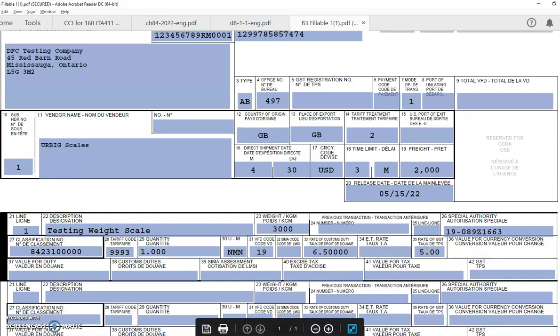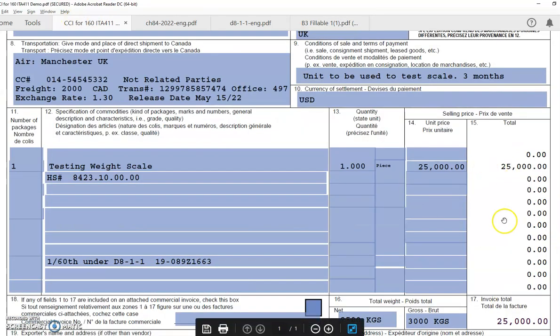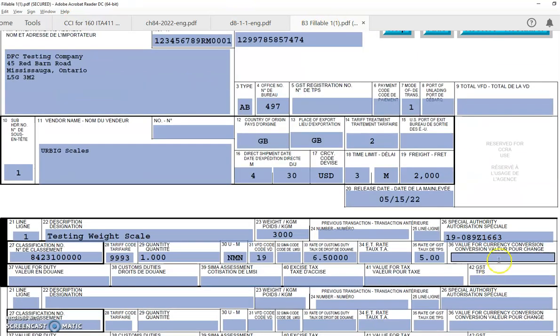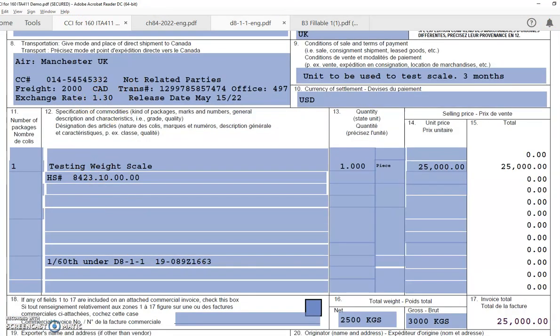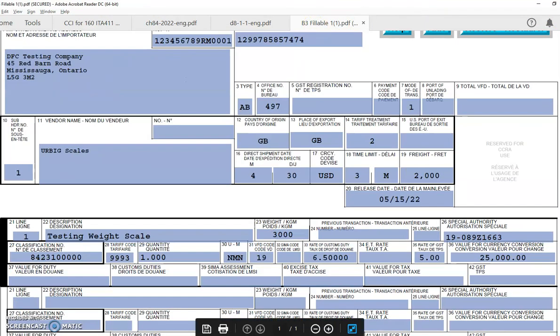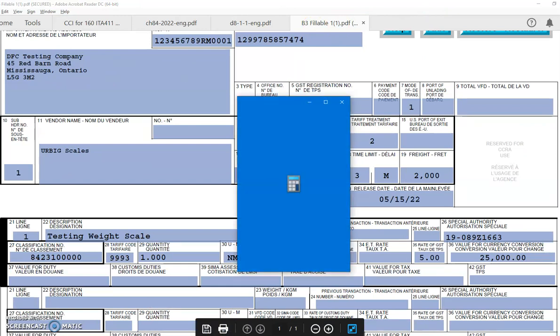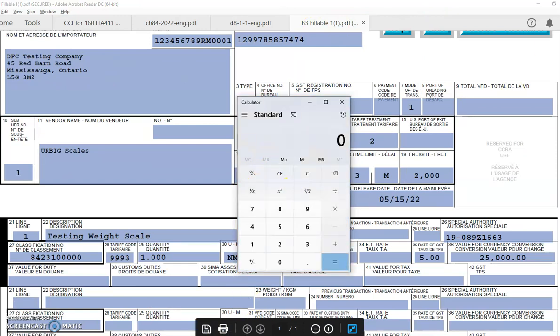And now we need to put in the value for currency conversion. So the value for currency conversion is $25,000. The value for duty is the value for currency conversion times the exchange rate. The exchange rate is 1.3. So we have 25,000 times 1.3.